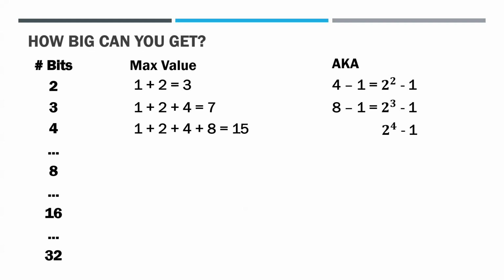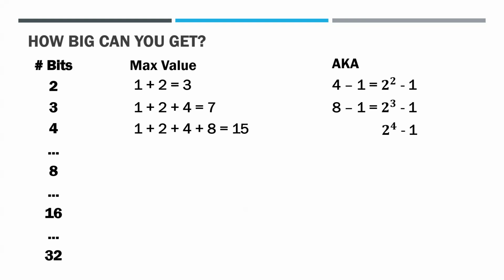So the biggest number you can represent with 4 bits is 2 to the fourth minus 1, which is 15. Okay, so the pattern seems to be, if I give you n bits, for whatever n is, 8, 16, 32, 64, whatever, the biggest number you can represent is going to be 2 to the n minus 1.